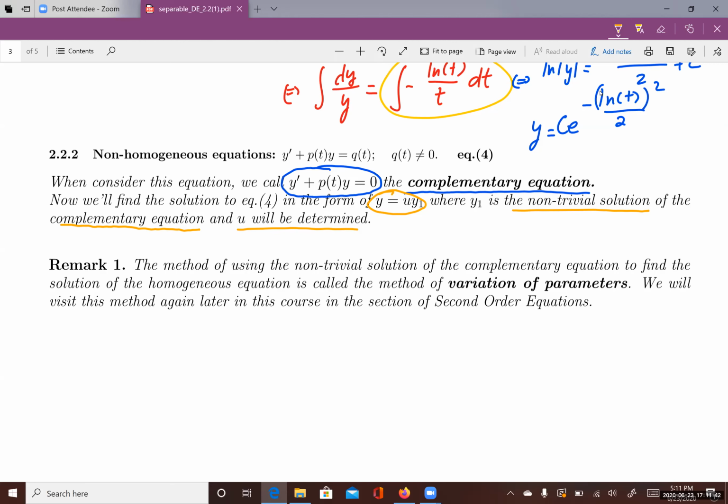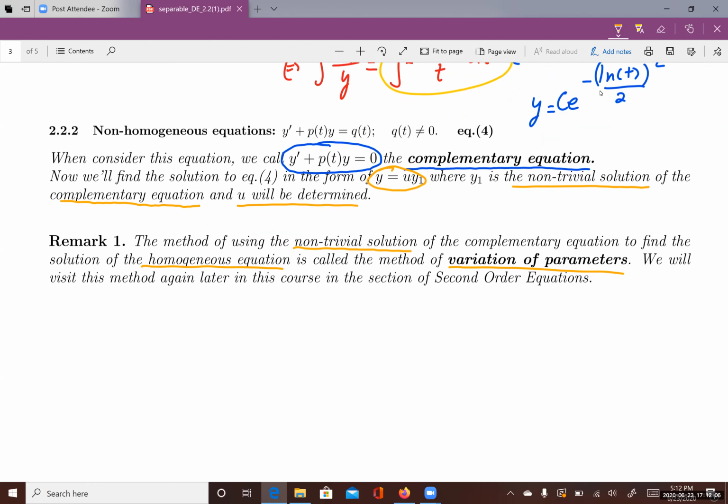And just keep in mind that the method of using the non-trivial solutions of the complementary equation to find the solutions of the non-homogeneous equation is called the method of variation of parameters. And we will revisit this method in the sections on second order differential equations. All right, so let's see what we have.